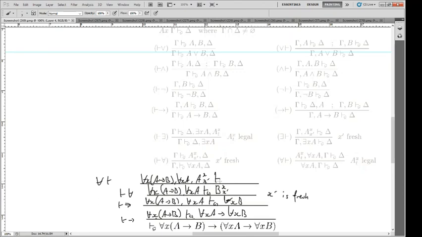And then the right side is the same. So we've gotten the A out here. Now we want to get the A implies B out from this quantifier here by applying the same rule.